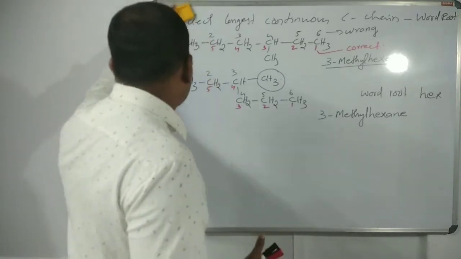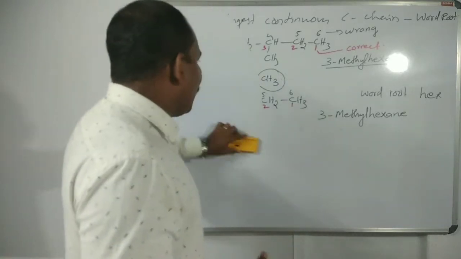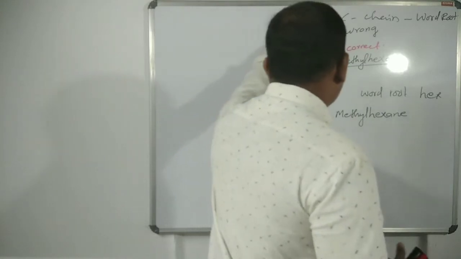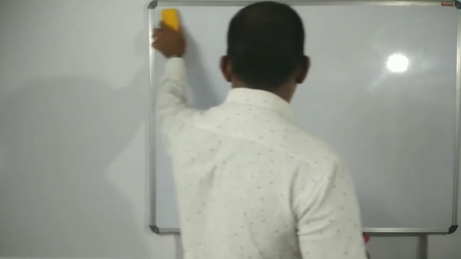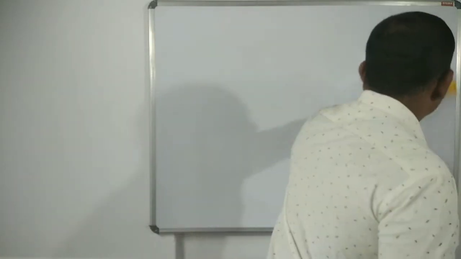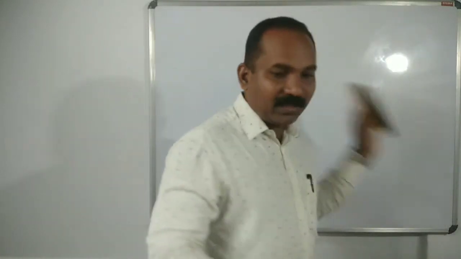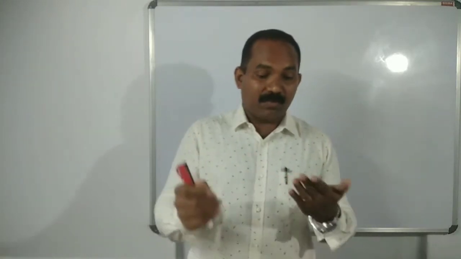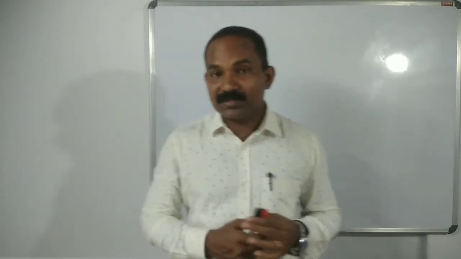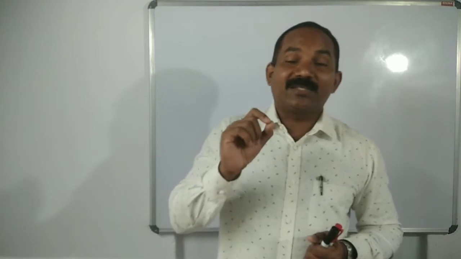And we move to the third rule. If the hydrocarbon chain contains more than one substituent; in this case, only one substituent is there. If the hydrocarbon chain contains more than one substituent, the lowest sum rule must be applied.